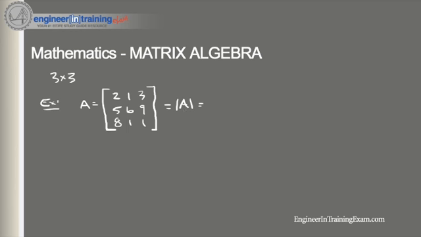So we choose one of our rows to be the scalar row, and we're just going to choose the top row. This is the process the way I go about finding the determinant of a 3 by 3 matrix. So we take the first value 2, and we ignore all the values that are in that row, and all the values that are in the column of that number.